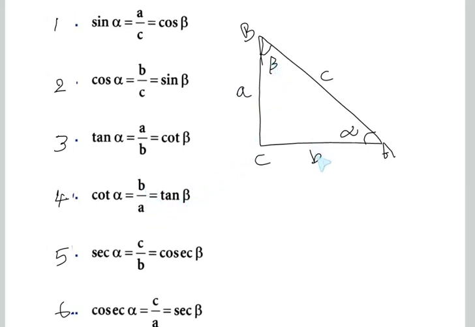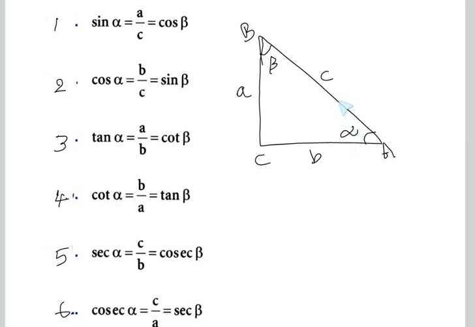Beta's opposite side is b, adjacent side is a, so tan beta is b by a. And sec alpha is equal to hypotenuse by adjacent side, c by b. This is called sec alpha.